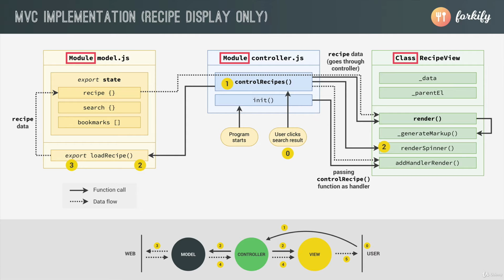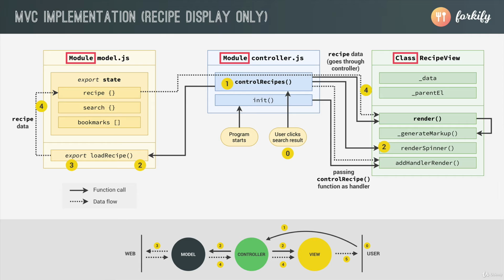Now, the model also contains a big state object that we export from the model. And this state will contain all sorts of data, like the current recipe, search results, bookmarks, etc. But anyway, as the data arrives, it will be stored in this state object.